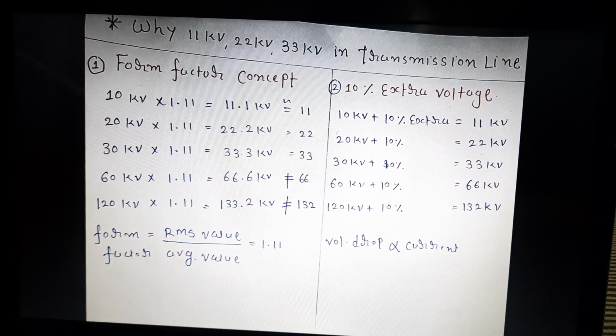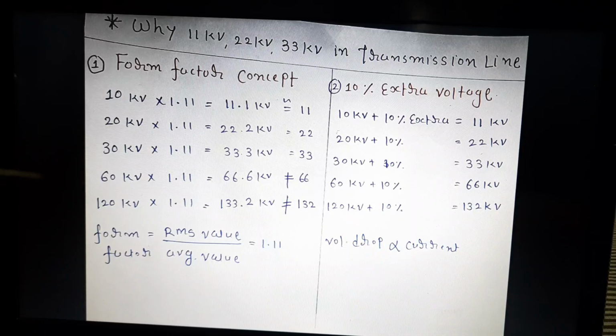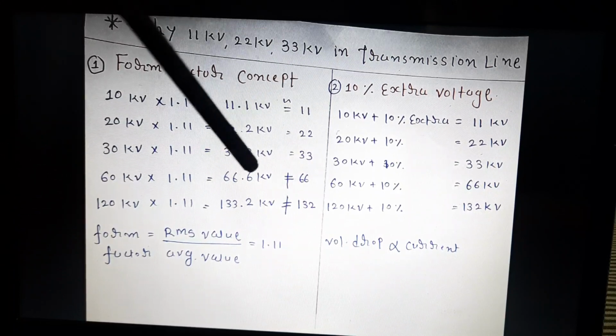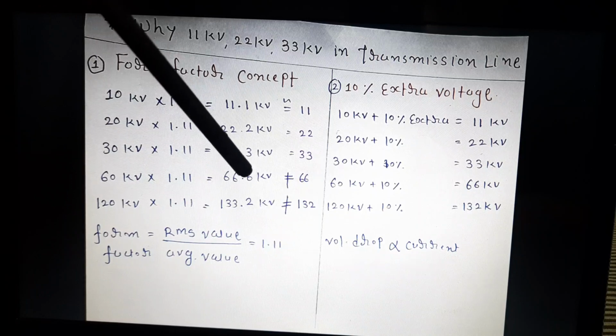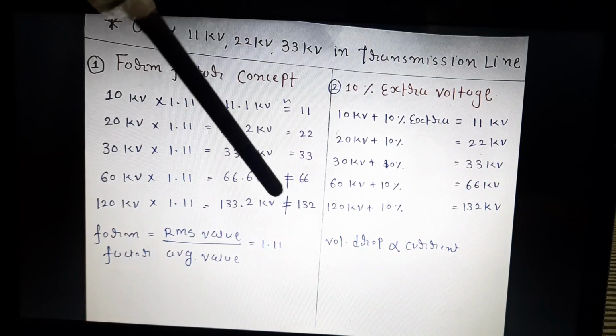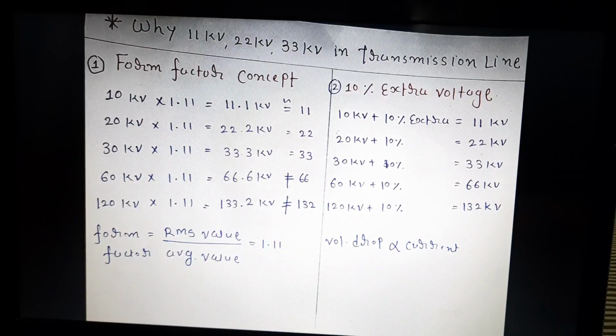But I can prove this wrong, because in the case of 120 kV, if I multiply 120 kV with 1.11, I get 133.2 kV, which is not equal to 132 kV. That means the concept of form factor is totally wrong.